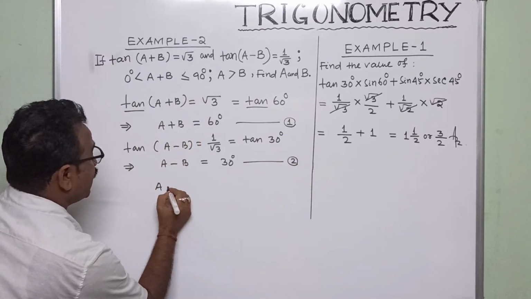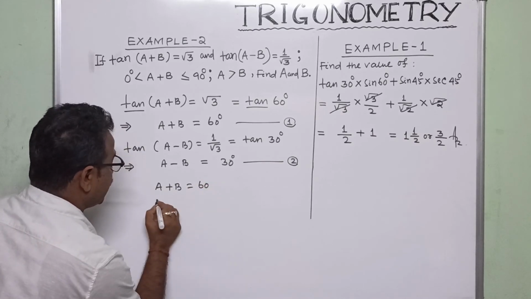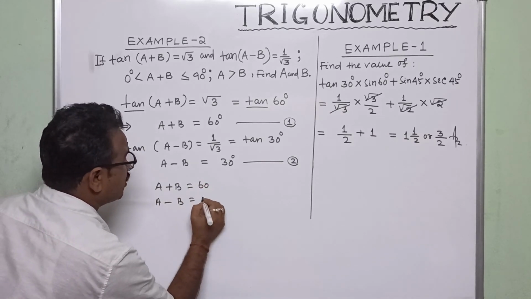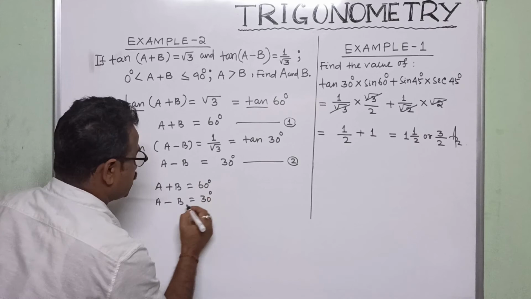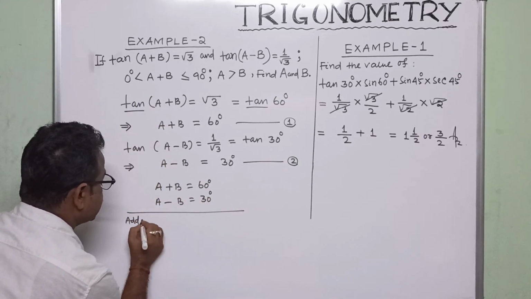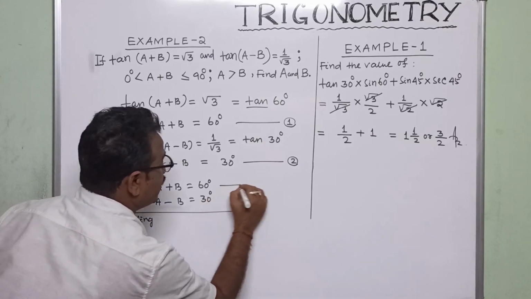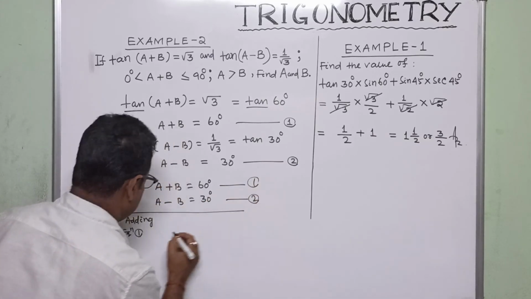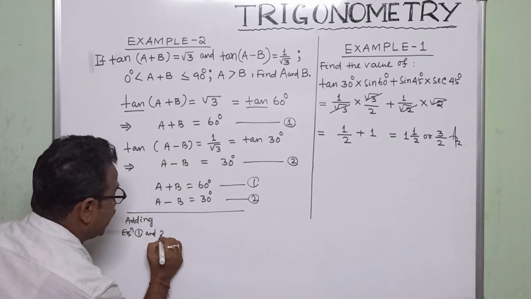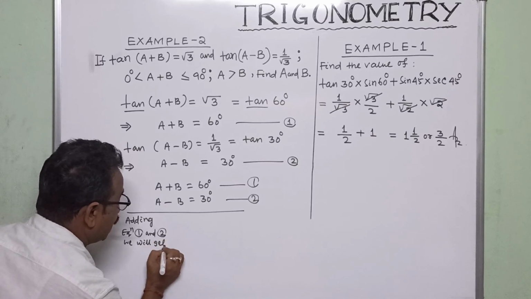Now given a plus b is equal to 60, a minus b is equal to 30. So now adding equation 1 and 2, we will get, what will we get?